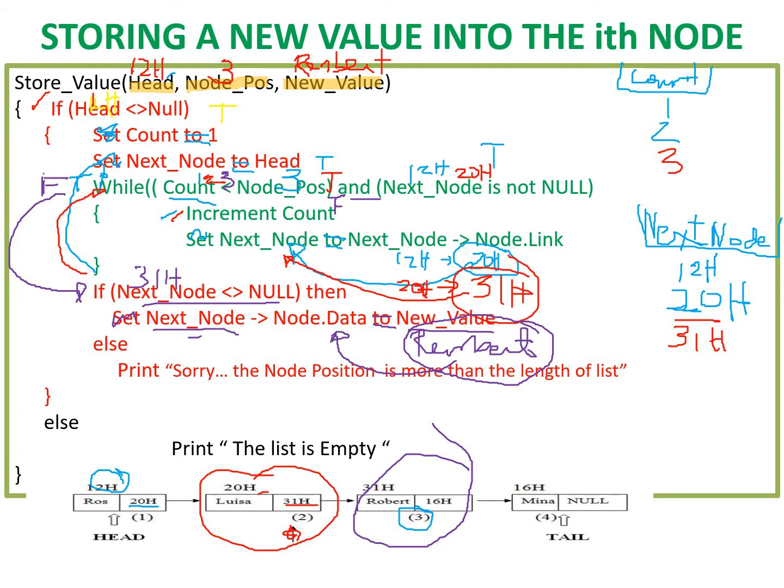Next node is 31H, okay? So 31H referencing to node.data equals Renbert. Again, 31H referencing to node.data, instead of Robert, magiging Renbert. So we now store the new value to the ith node.